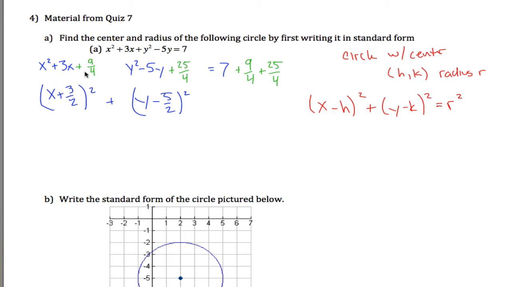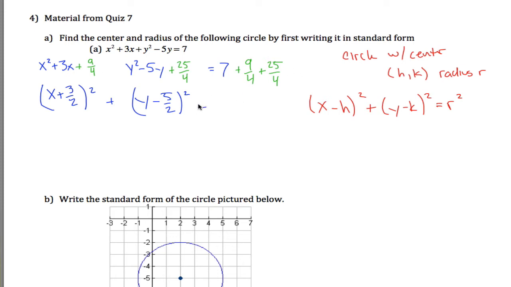But you probably don't want to do that on the test because it's kind of a guess and check thing. A better way to do it is this number is always half of this number. Half of 3 is 3/2. Half of -5 is -5/2. So I think this is one of those instances where it helps to just memorize where the pieces come from. Memorize the method so that you can reproduce it on the test.